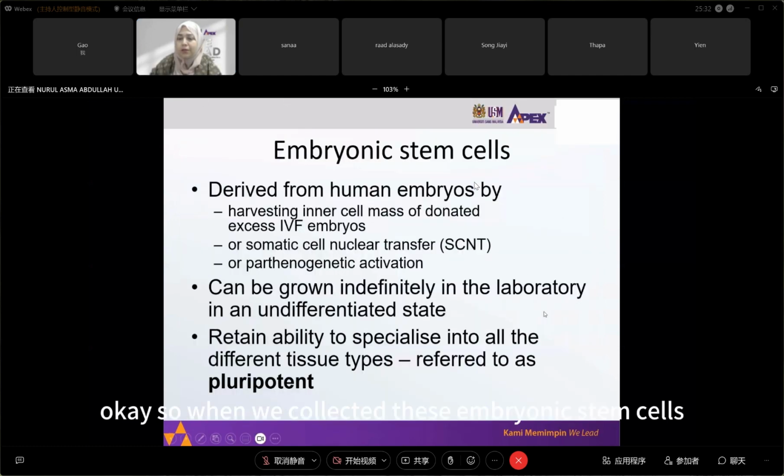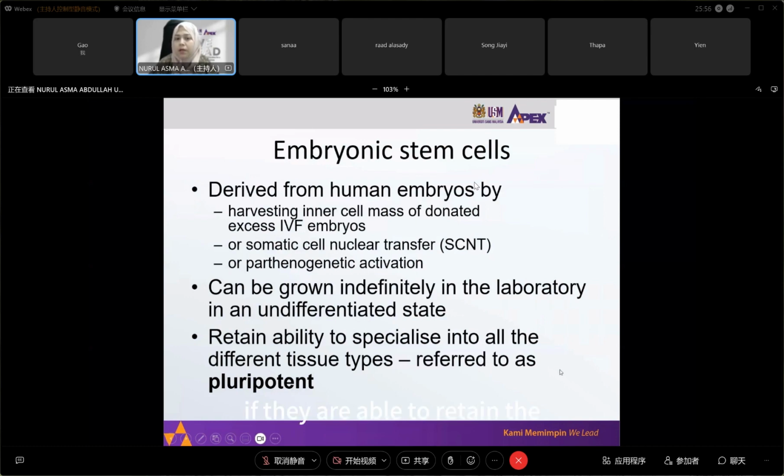Okay, so when we collected these embryonic stem cells, most of the time in the laboratory setting, they are grown in the undifferentiated state, meaning that they remain in the embryonic state. So they retain the ability to specialize into all the different tissue types.